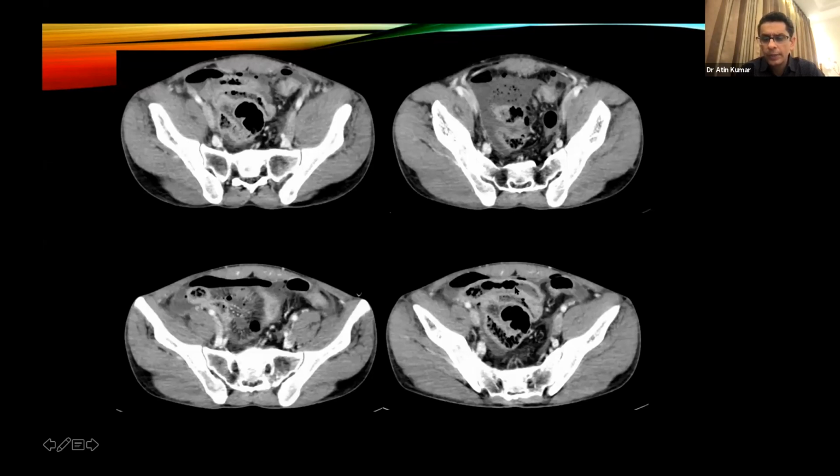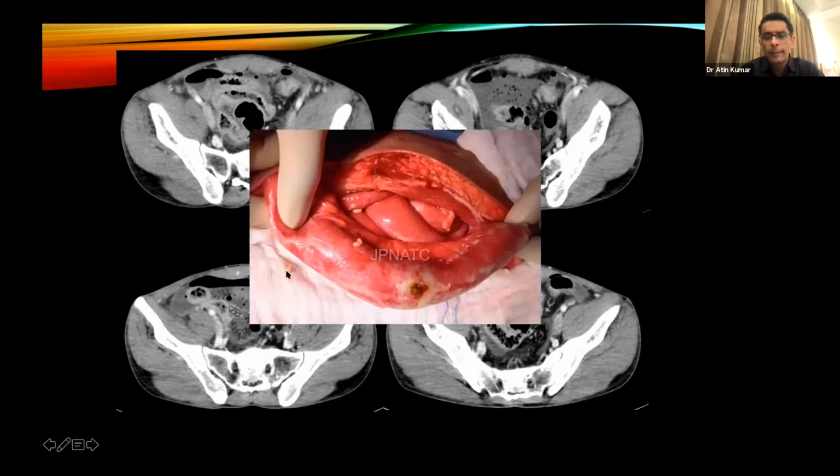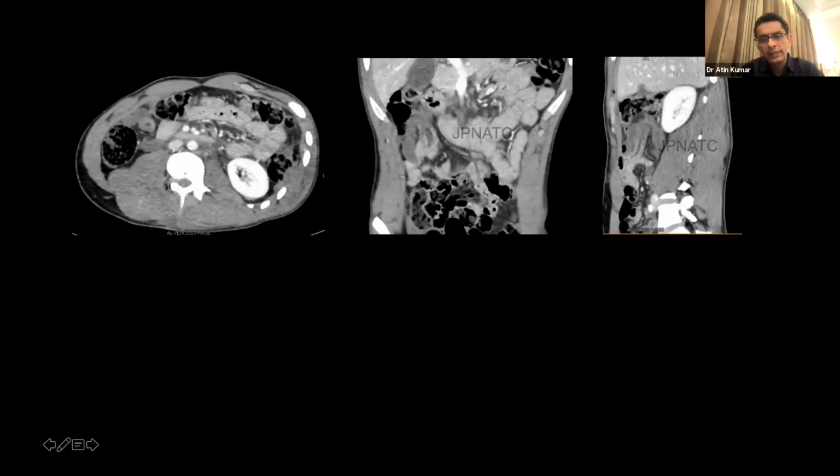And these bowel loops are also showing mild hyperenhancement. In this case, we did say that most likely there is a distal ileal loop showing injury, maybe associated with a mesenteric injury. The patient was operated. It did show a mesenteric injury with a focal ileal perforation. So we do have a good correlation with CT in terms of the site of injury also in some cases.